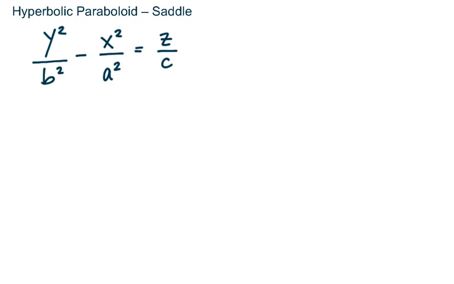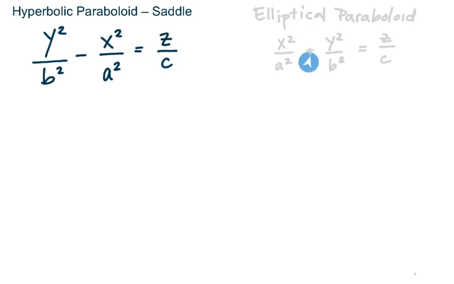So I'm just going to refresh you from the previous video. We talked about an elliptical paraboloid. So the elliptical paraboloid formula was x squared over a squared plus y squared over b squared equals z over c. You'll notice they're very similar. They're both paraboloids, but elliptical has a plus in between those two terms.